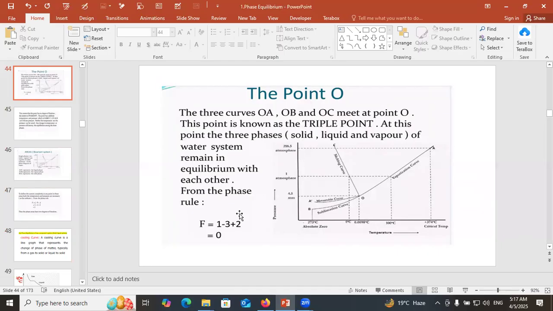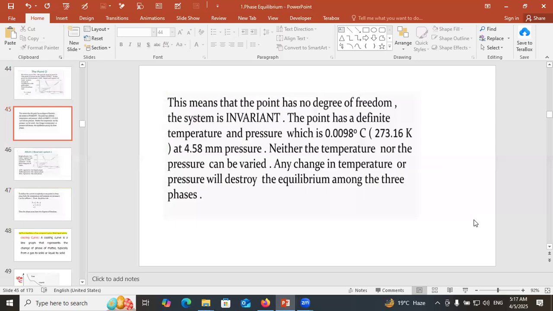At the point O, F equals C minus P plus 2. Component 1, phases solid, liquid, and vapor, three phases. So F equals 1 minus 3 plus 2, which is 0 degrees of freedom. This means that the point has no degree of freedom.